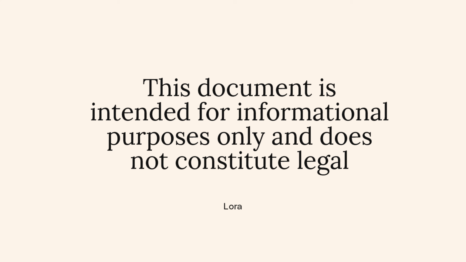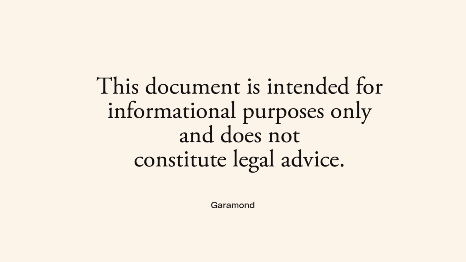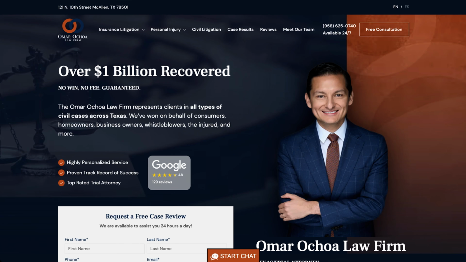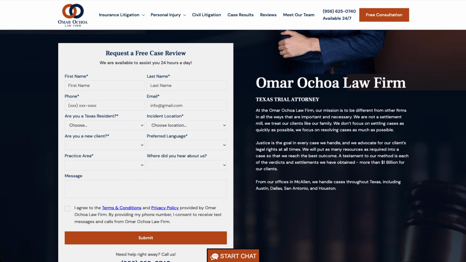The following three typefaces would work well for a lawyer's website: Garamond, Laura, and Baskerville. They look traditional, professional, and convey trust. Here's the website of Omar Ochoa Law Firm. This is using Frank Rule Libre for most of the big text.